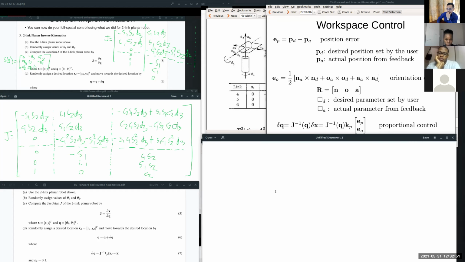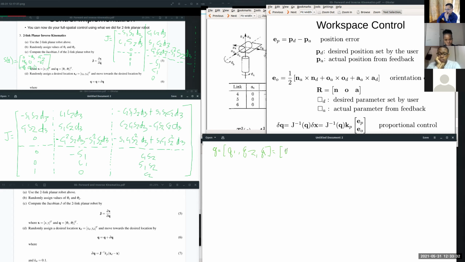Okay, now let's start. We want to compute. For example, let's assume that we have initial joint values Q, which is equal to Q1, Q2, Q3, or the way we say it is theta 1, theta 2, and theta 3.